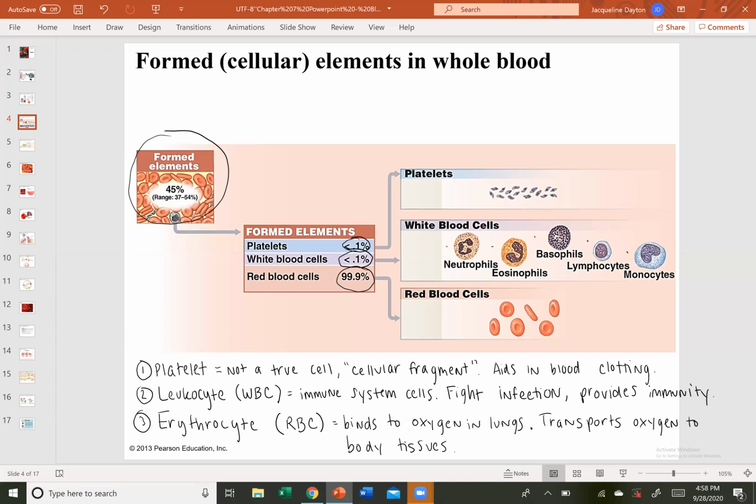Okay, so that is the major job of the red blood cell, which is why it comprises the 99.9% of the cell type found inside of the blood. All right, so those are our three formed elements: platelets, leukocytes, and erythrocytes.